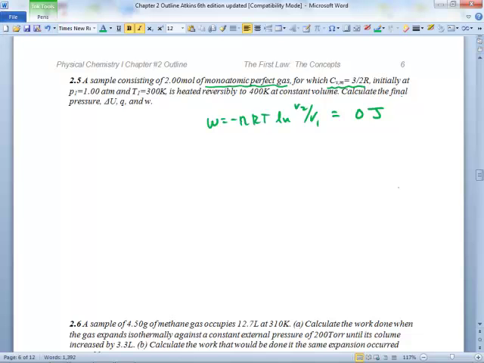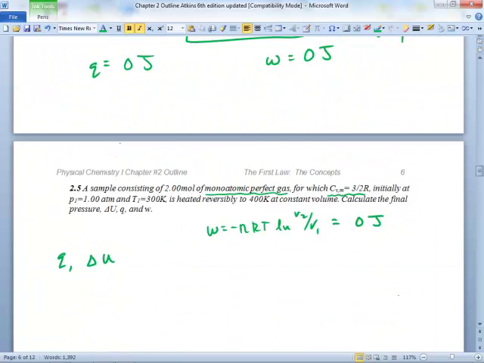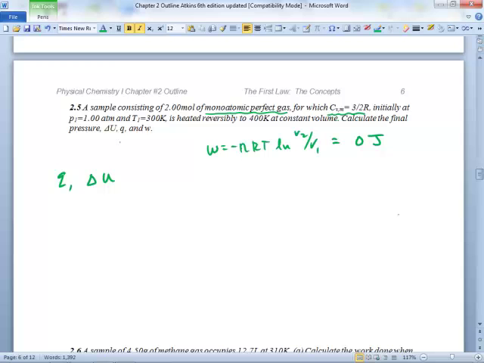Now they gave us, we still need Q, and we still need delta U. If W is 0, she's saying Q has to be 0.